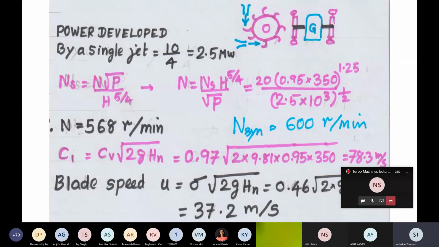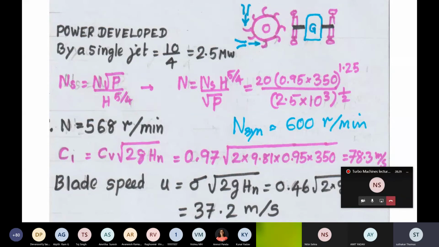When you have 50 cycles per second or 50 hertz, for 1 minute it is 50 into 60, which is 3,000.